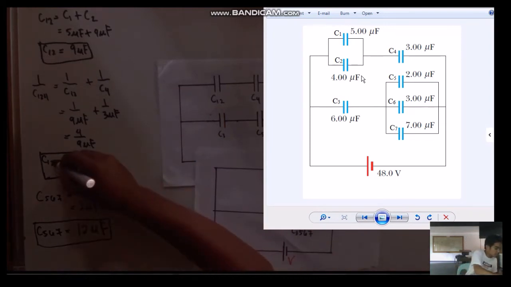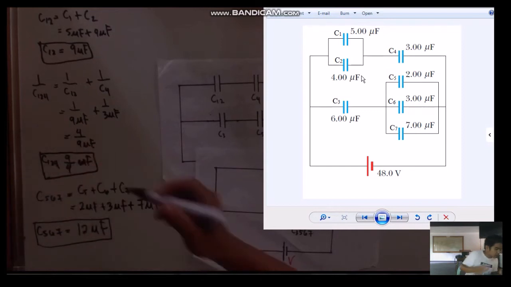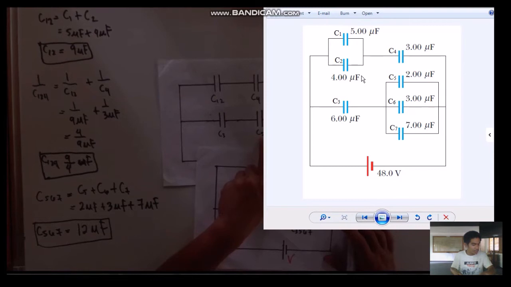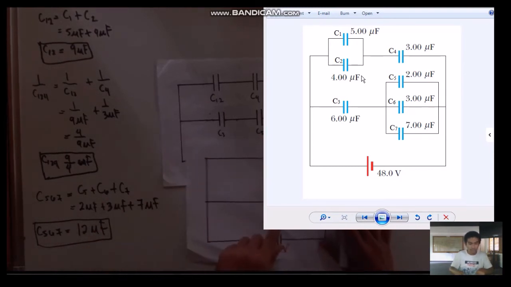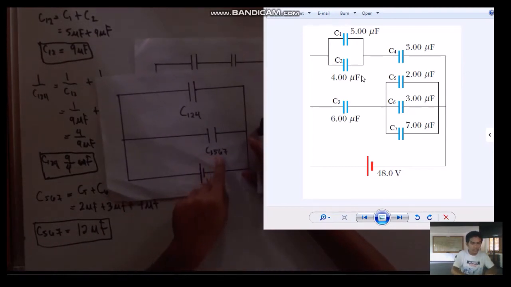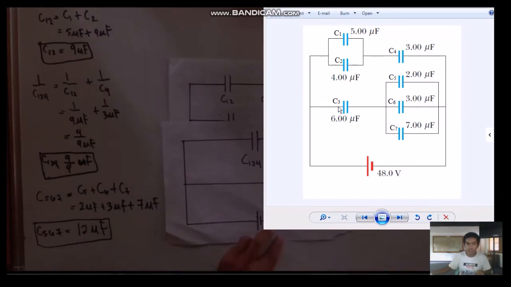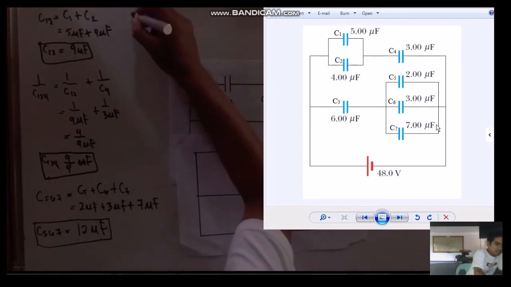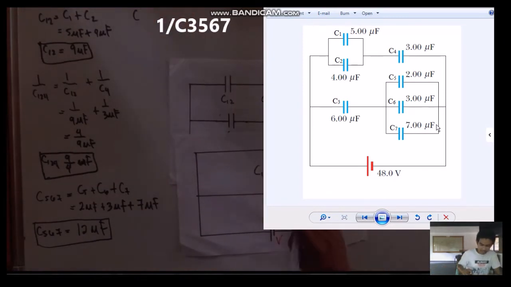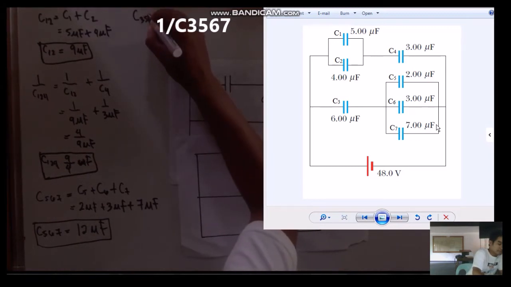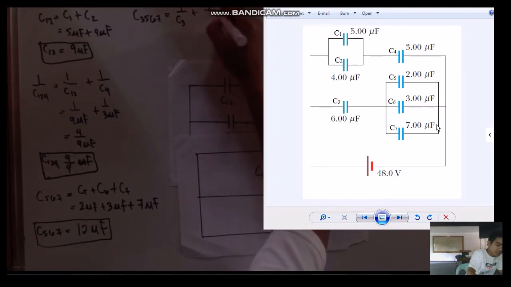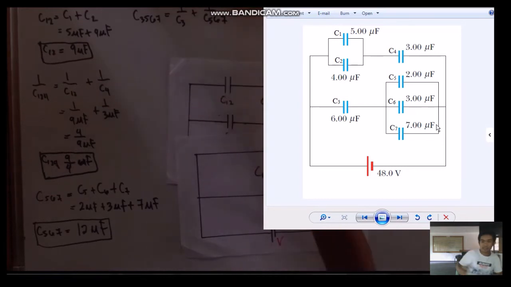So we have the combination C124, and then we have C567. How about C3567? As you can see, C3 and the combination of C5, C6, and C7 are in series. Then 1 over C3567 must be equal to 1 over C3 plus 1 over C567.